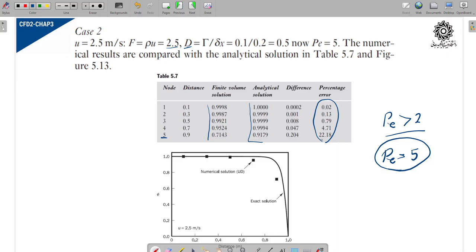The error is 22%, which is a large error.